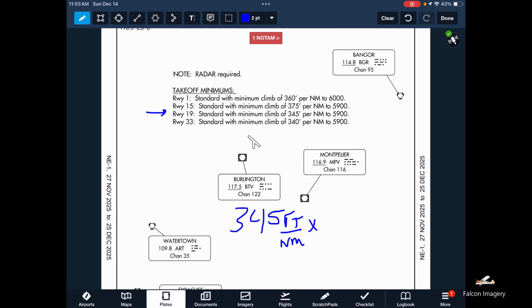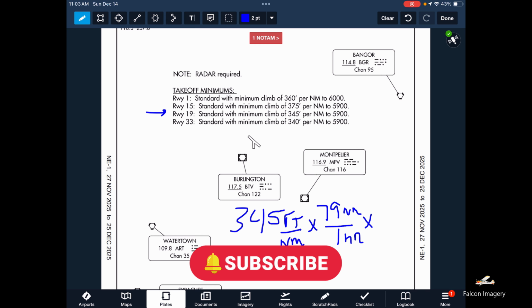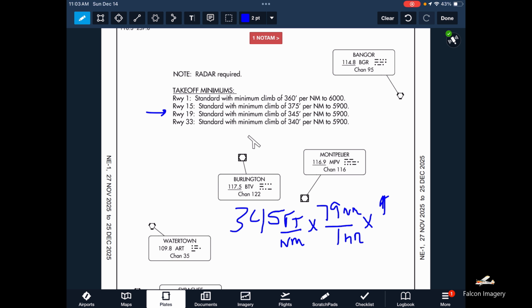I'm going to multiply that times 79 nautical miles per hour times 1 hour per 60 minutes. The hours will cancel and the nautical miles will cancel. So if I multiply 345 times 79 divide by 60, that works out to a climb rate of 454 feet per minute.